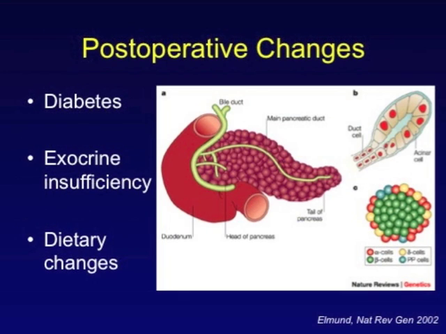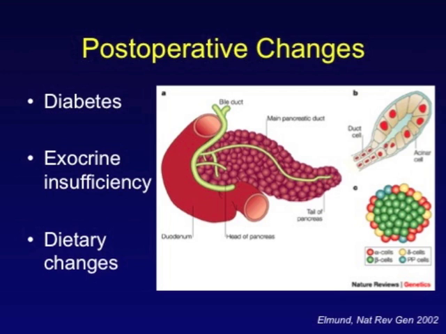So whatever the route taken, whether it be by a minimally invasive or standard approach, the Whipple operation is associated with certain postoperative changes that, again, are due to body changes that occur secondary to removal of the pancreas and changes in the pathways that food must use to go from the stomach out through the body.